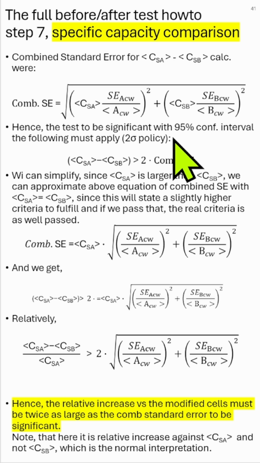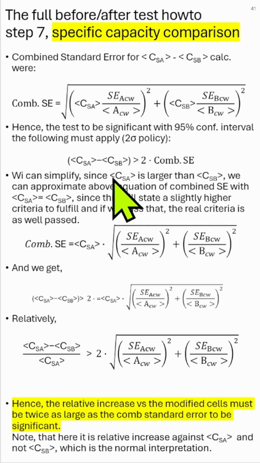And now we know, same thing as before, that the difference between the mean values of calculated specific capacity must be larger than 2 times, because 95% confidence, times the combined standard error. But here we can do a simplification.